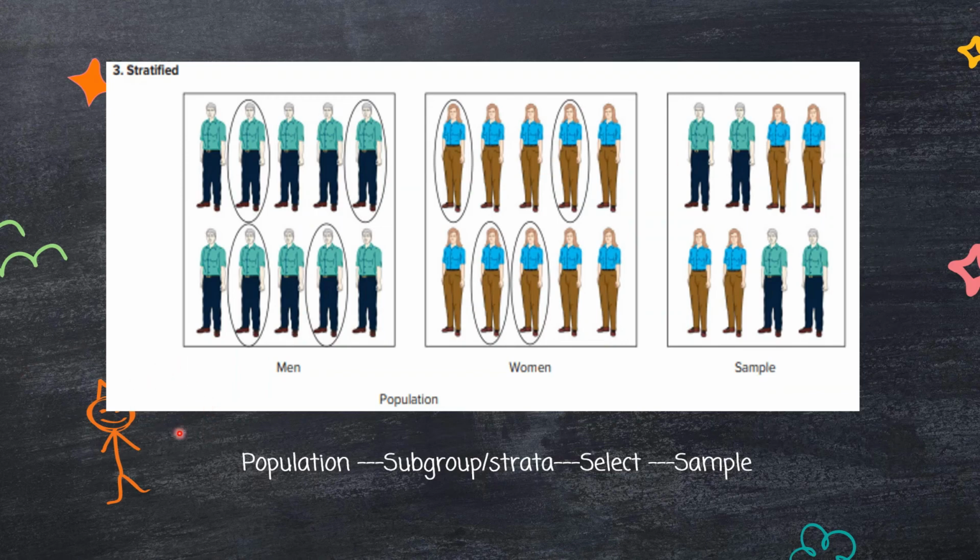The population is divided into subgroups or strata, men and women. Then calculate how many people should be taken from each stratum. Then selection of members from each stratum is made to form a sample.